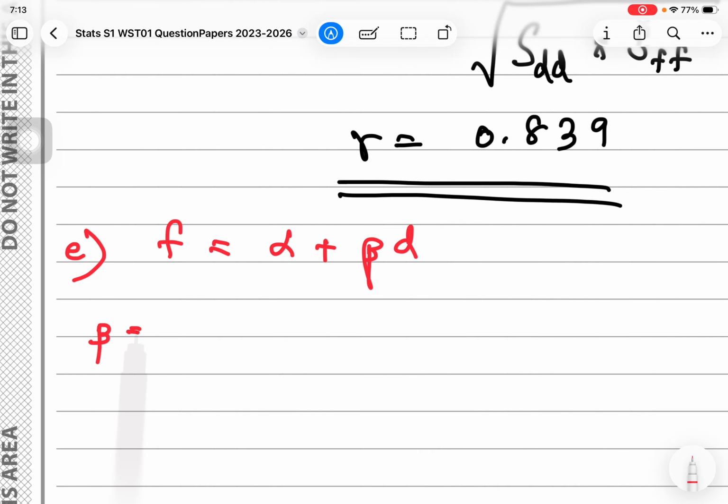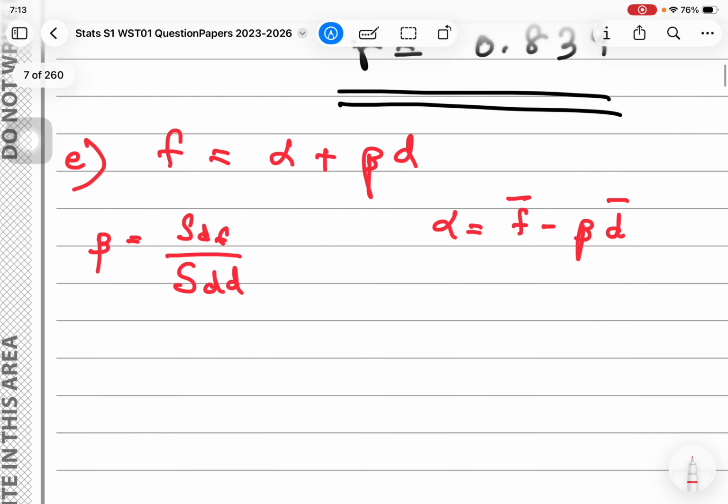Beta would be SDF divided by SDD, and alpha would be F bar minus beta times D bar.